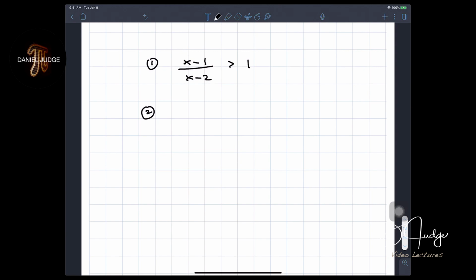And the second one: x plus 2 over x squared plus 5x minus 14 is greater than 0. Let's say greater than or equal to 0. And actually, I'm going to change this one on you guys. Sorry. Put less than 1.